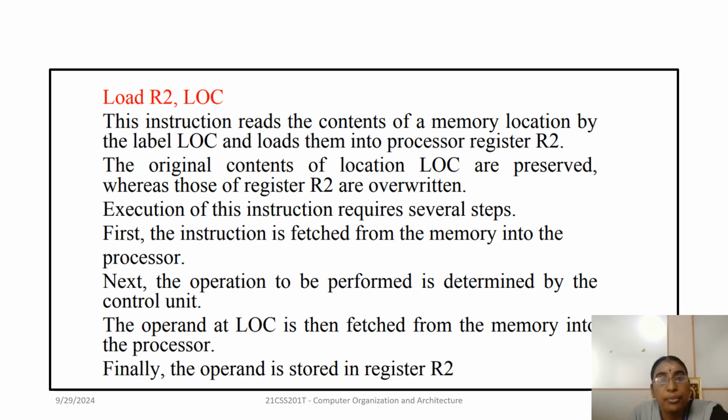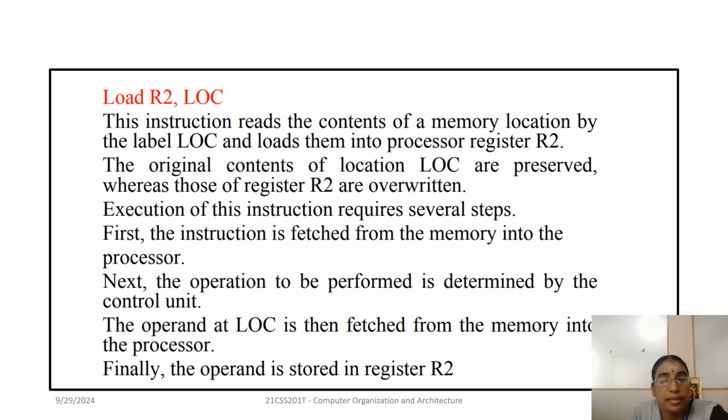Depending upon the ALU and register unit, it performs the operation. That means decoding and execution happen with the help of the ALU and the register unit, and the result will be stored in a register or memory. So load is the equivalent operation of reading a value from memory to a register, or in other words, register to register.